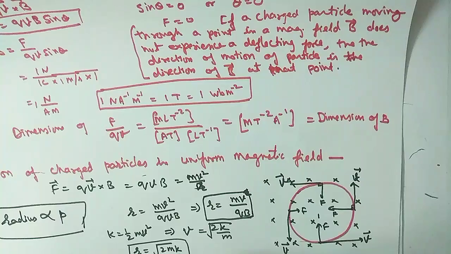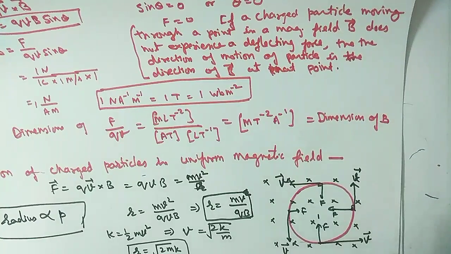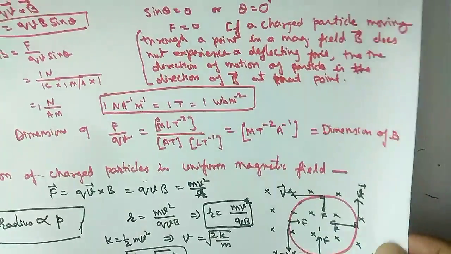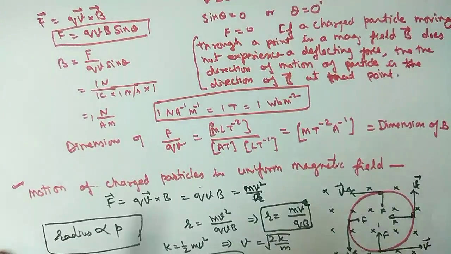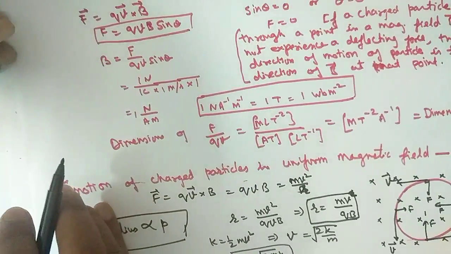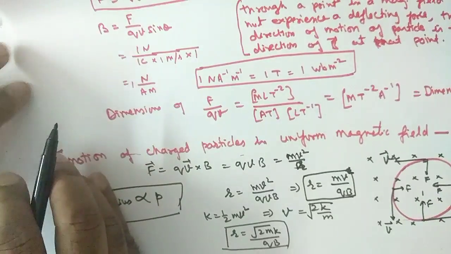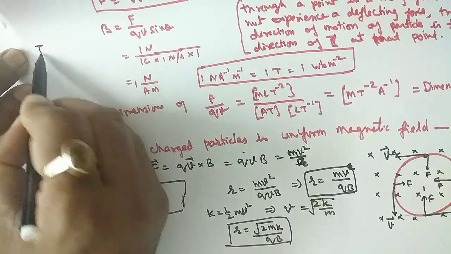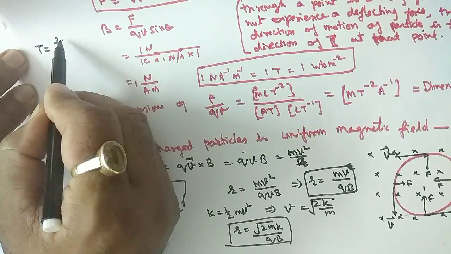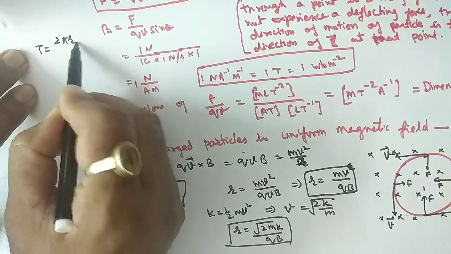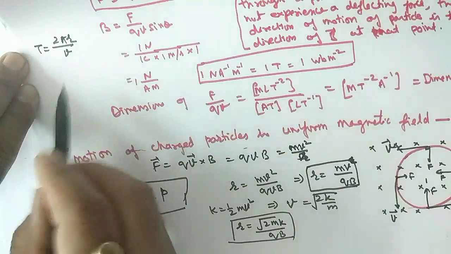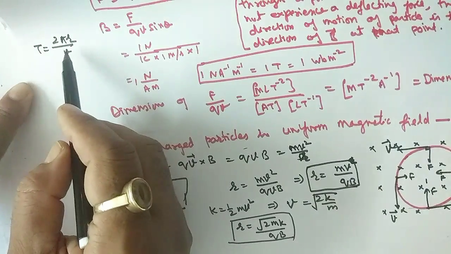Now we can find this in terms of the time period also. See, what is the time period of the charged particle which is moving here? To find the time period, T is equal to 2 pi r upon v, total distance upon speed.